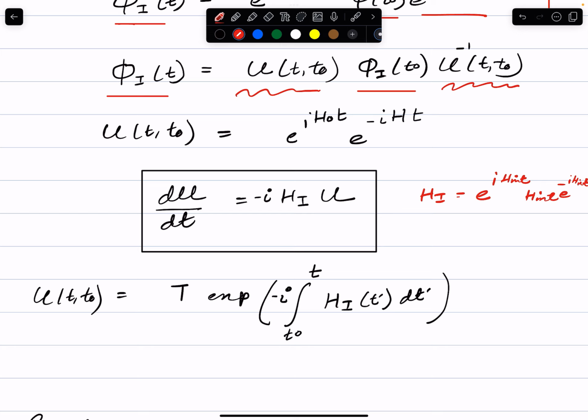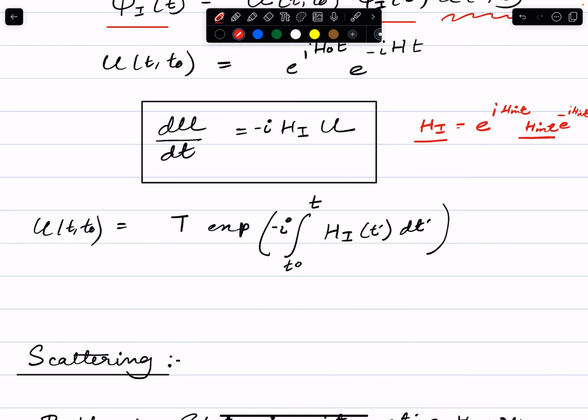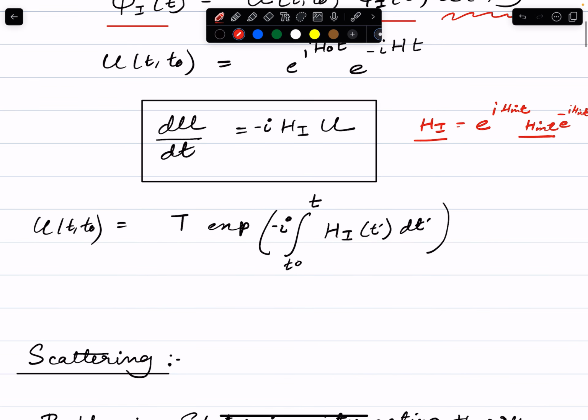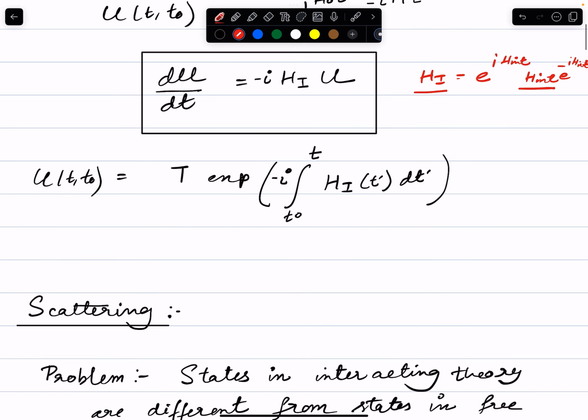We also saw in the last class that the solution to this has this form, where there is a time ordering appearing here.